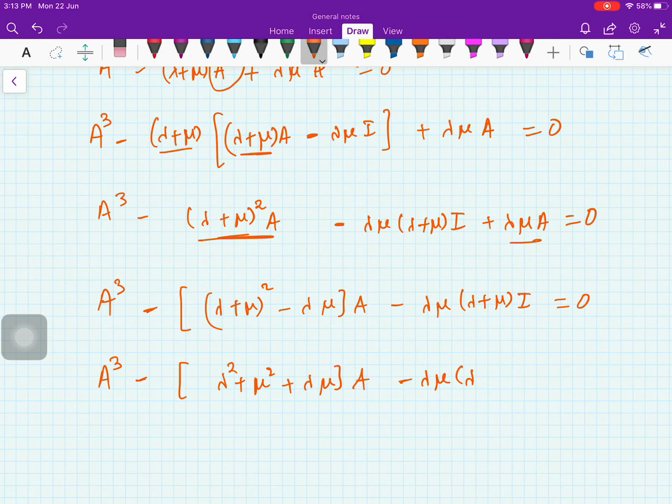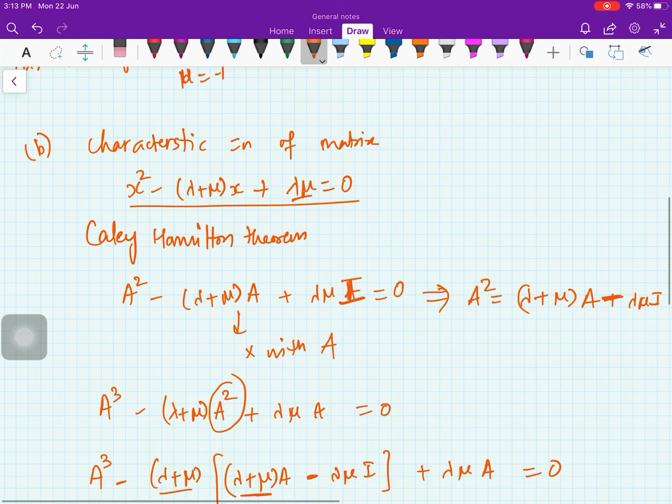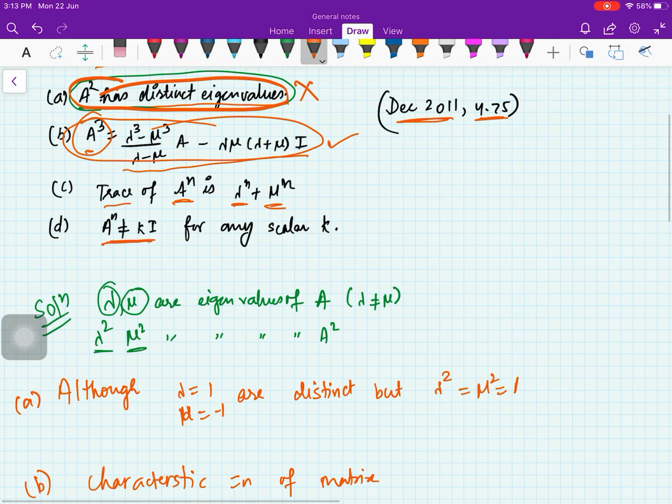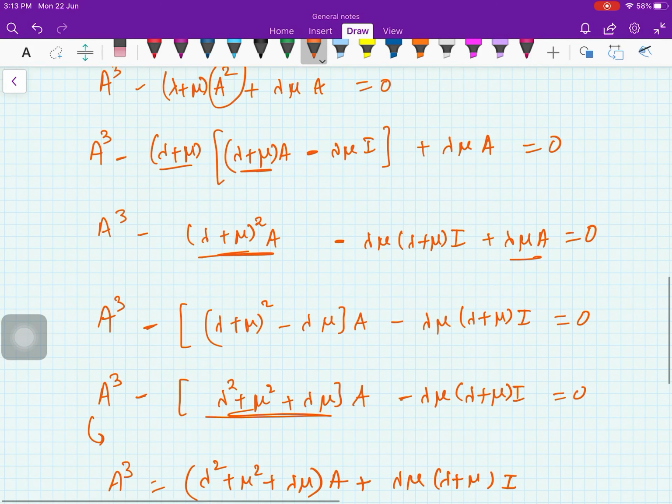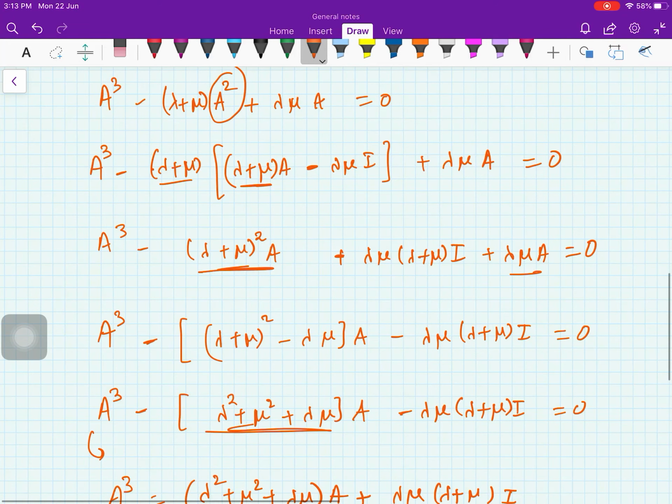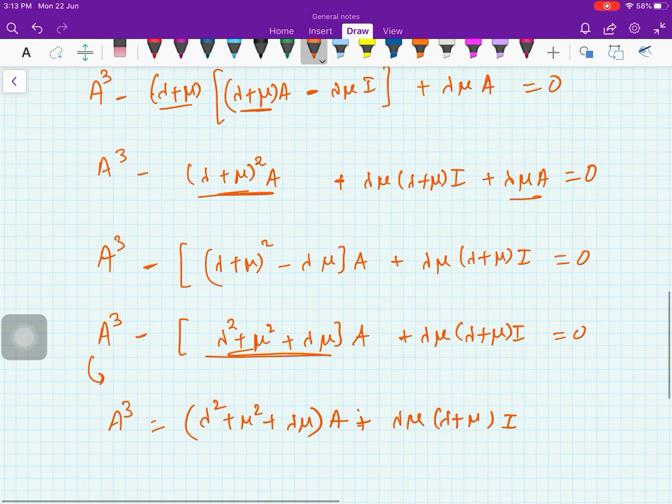Now look at the option again. Can you do something about the option so that you get your result? If you look at your option here, I have this lambda minus mu factor here, and it is lambda cube minus mu cube. So that is the same thing. So this implies that A cube is lambda square plus mu square plus lambda mu into A minus lambda mu lambda plus mu I. Here you have a positive sign, so this will be a negative sign.